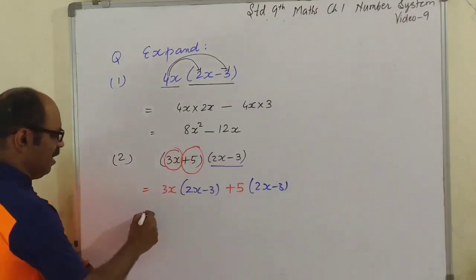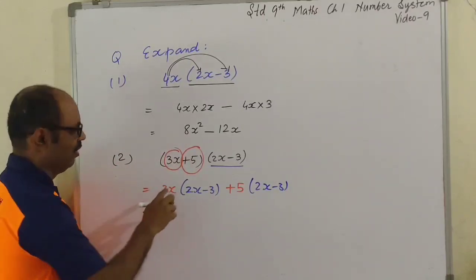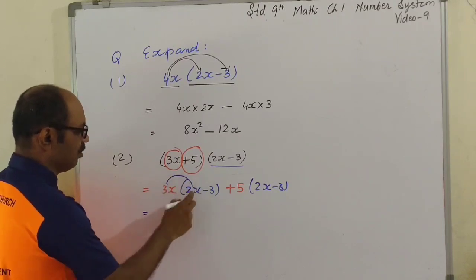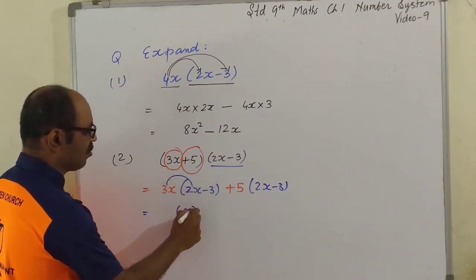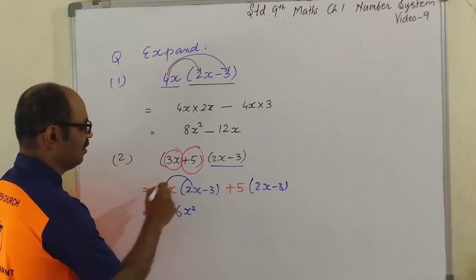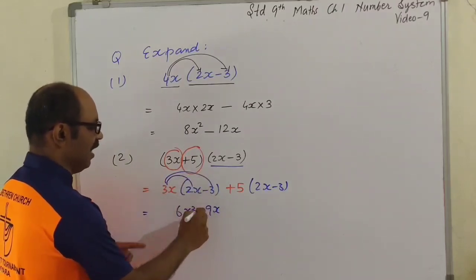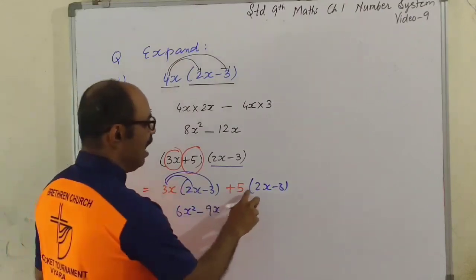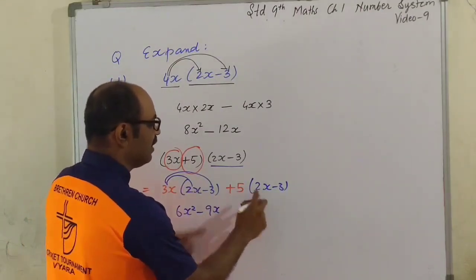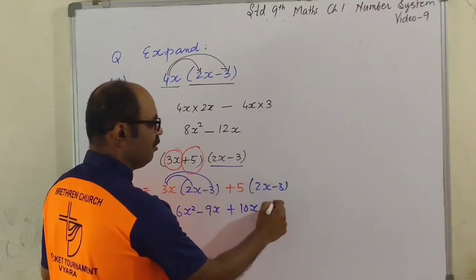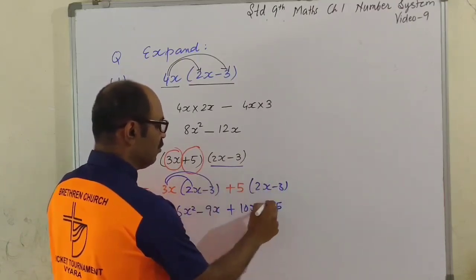Now monomial into binomial, I'll write directly. 3x into 2x, 3 2s are 6, x into x, x square, both are positive, so plus. Again, 3 into 3, 9 into x, and different sign, so minus. 5 into 2 is 10, x, same sign, so plus. 5 into 3 is 15, different sign, so minus.